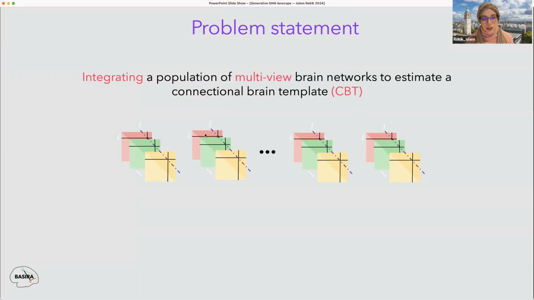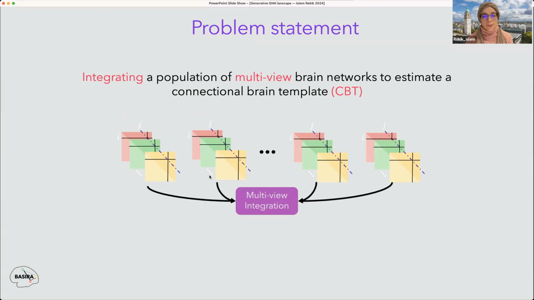The distribution of the pink is different from the green and the yellow, so we have completely different distributions across domains, and we have variability across subjects. Our goal is to integrate this multi-view data into a single matrix that we call the connectional brain template, the template of the population.